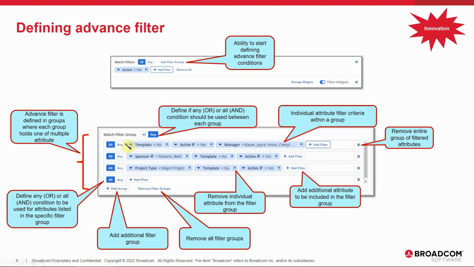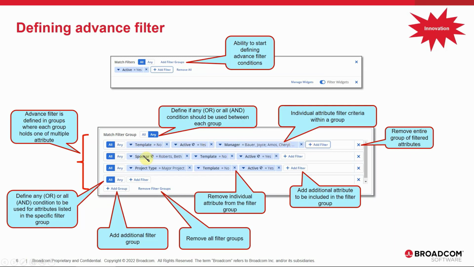The user can then also define whether, within a group, all of these conditions should be treated as all, which means all of these attribute conditions should be met, or any of those conditions should suffice. That can be defined by clicking on the all or any within that filter group.